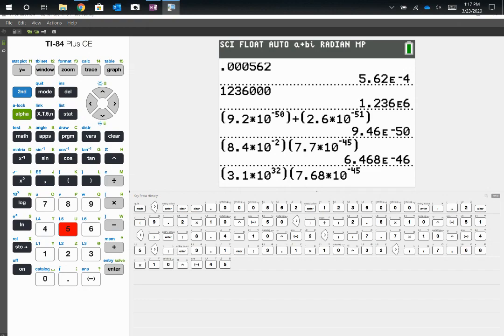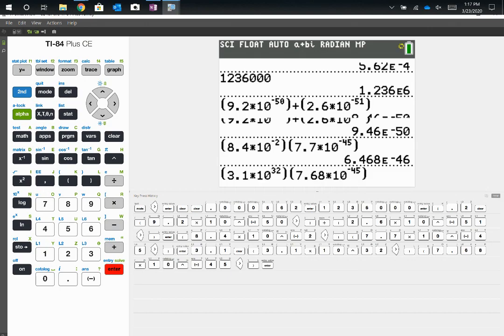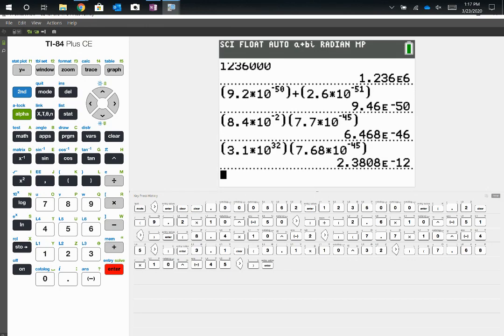So we would be adding 32 plus negative 45 and carrying one decimal place to give an answer of 2.303808 times 10 to the power negative 12.